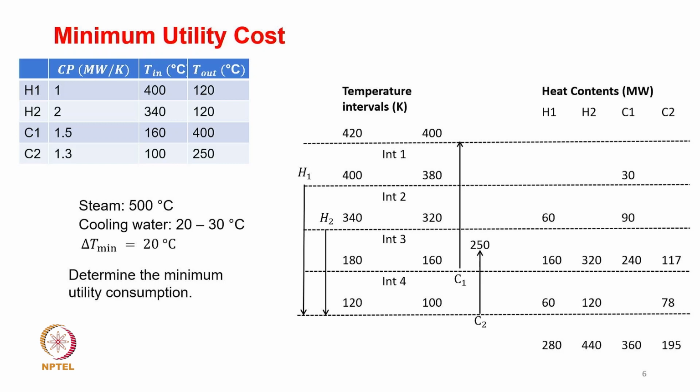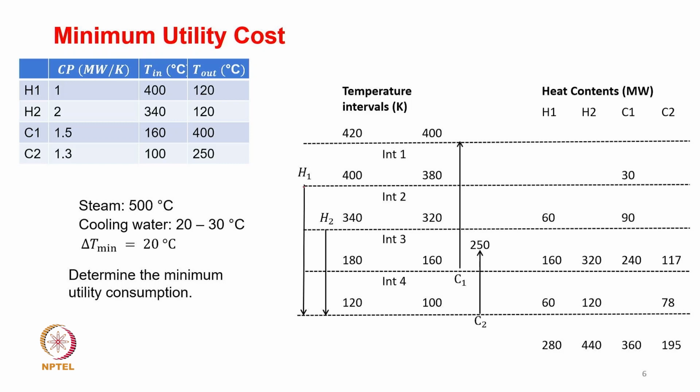We don't want to use too much utility energy in this entire heat exchanger process. Now let's look at the diagram. This also we have learned before. We have partitioned into temperature intervals as we see here, and it would eventually result in 4 intervals. We learned this procedure when we did the pinch design, and here we also show the type of pairing.